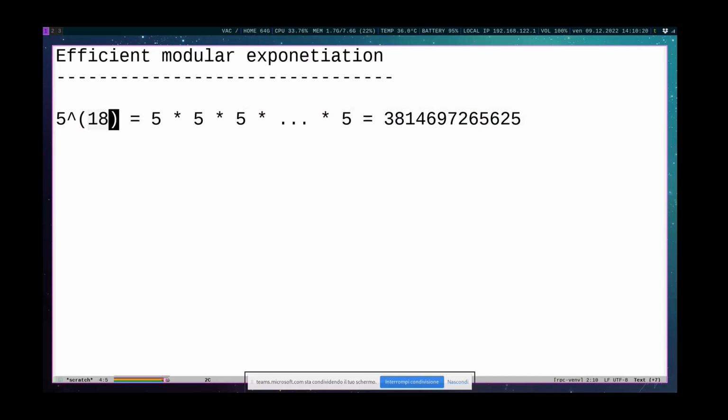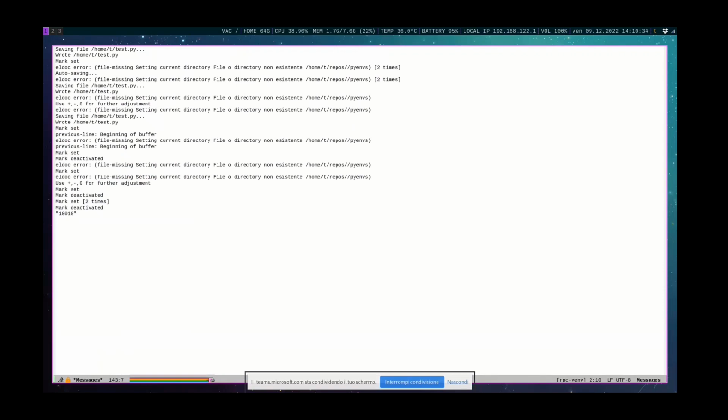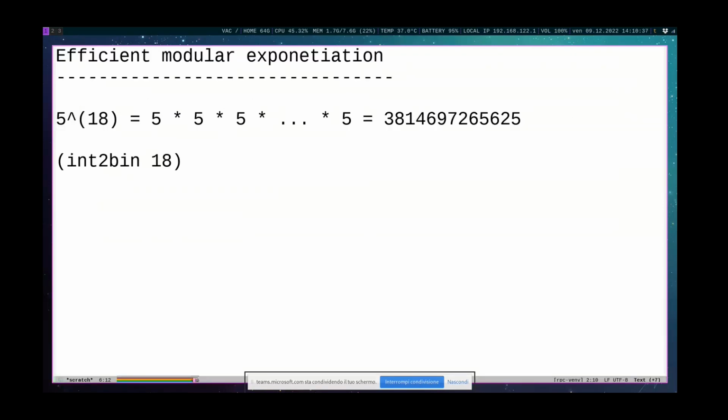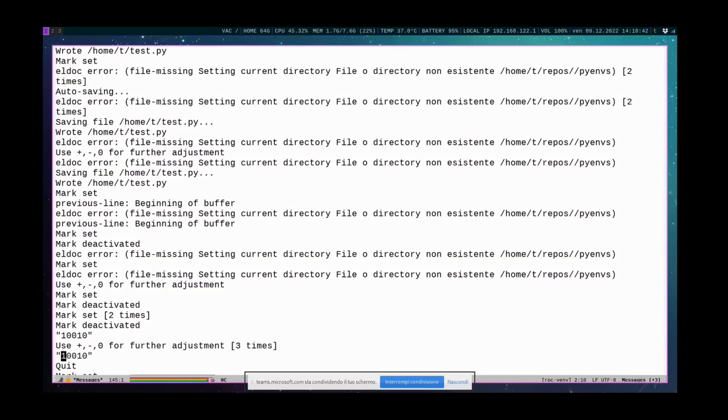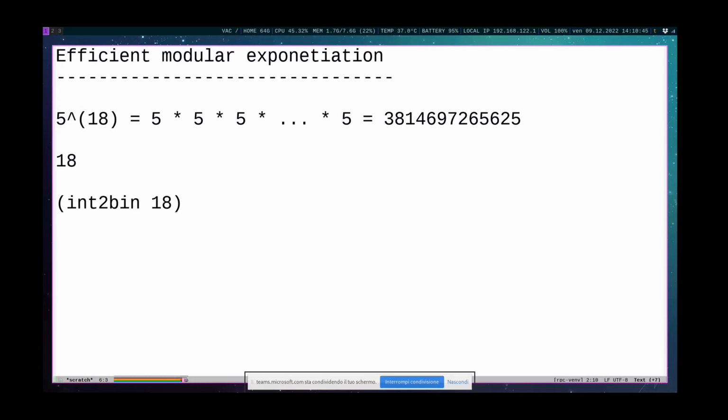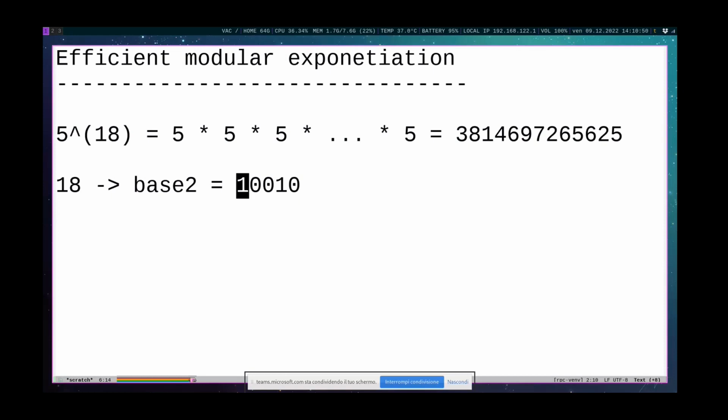Here I wrote it as 18, and then I just did 5 times 5, 5 times 5. But what I'm going to do now is take the binary representation of 18, which I can compute. 18 in base 2 is this, because this is 2 and this is 16.